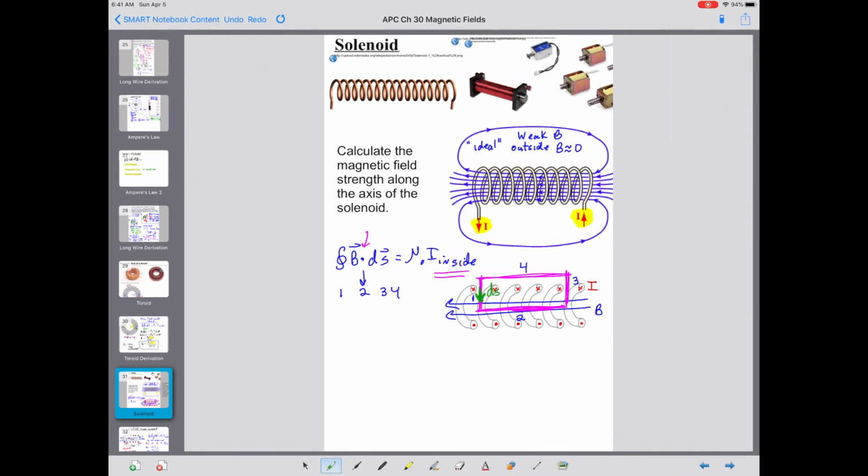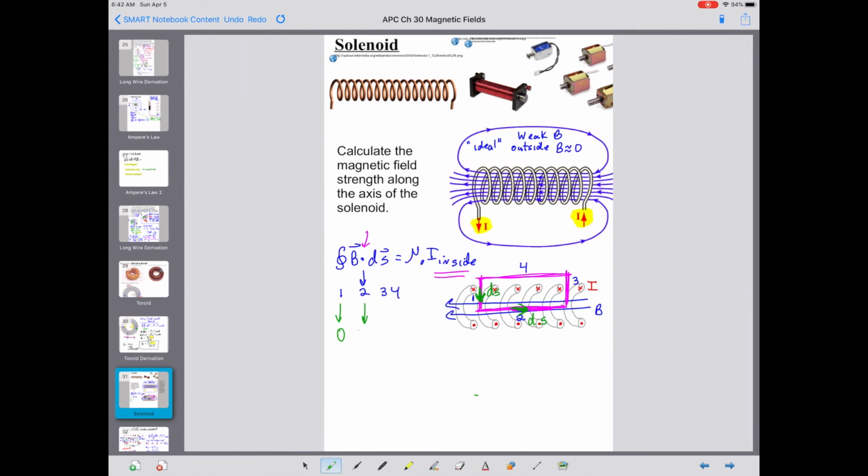On side 1, you've got a ds chunk. So there is my ds chunk, but it's going to be perpendicular to the field. Perpendicular to the field, the dot product is going to give us a 0. So on side 1, we've got 0. On side 2, I've got a ds chunk right there. I'm going to have a value there because I'm going to be at 180 degrees, so I'm going to get a cosine of -1. The negative we're not terribly concerned with.